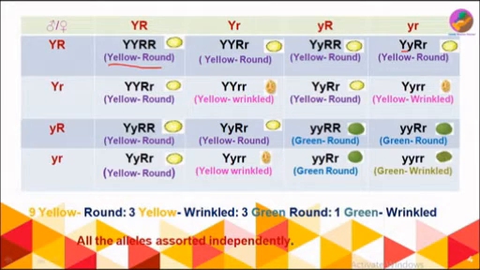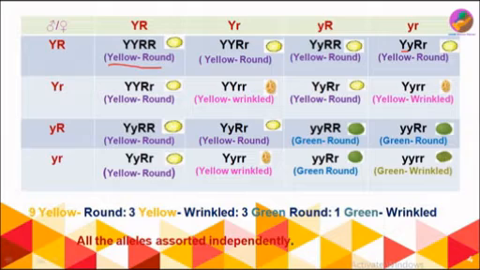Capital Y is the dominant trait, so yellowness is expressed and greenness gets suppressed or masked. So as I have told you, when 1 or 2 capital Y and 1 or 2 capital R are present in the genotype, they definitely produce yellow round seeds. This particular concept is called independent assortment.